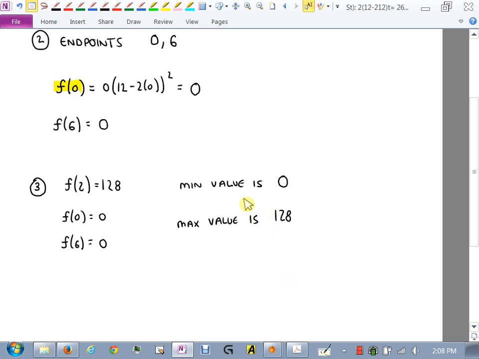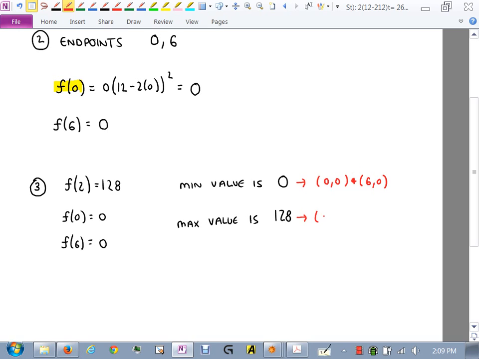Now, this is acceptable. Books will do it this way, but I think it's actually useful at this point for you to not only understand what the maximum and minimum values are, but to list these things out as ordered pairs, like points on the graph, because this minimum value happened at 2 different places, didn't it? And what I could do is write it like this. When I plug in 0 for x, it spits out 0. And when I plugged in 6 for x, it spit out 0. That's a little and symbol between those.